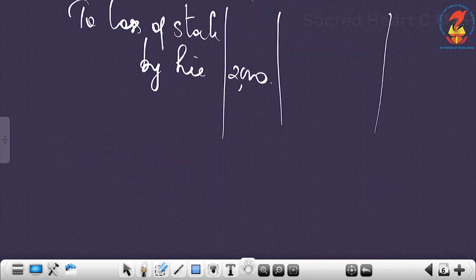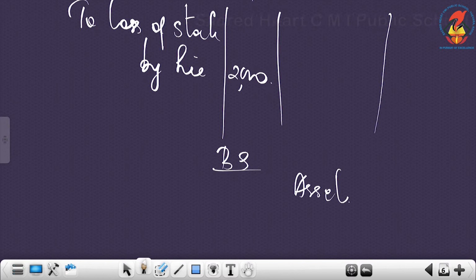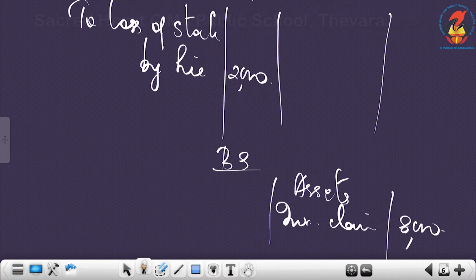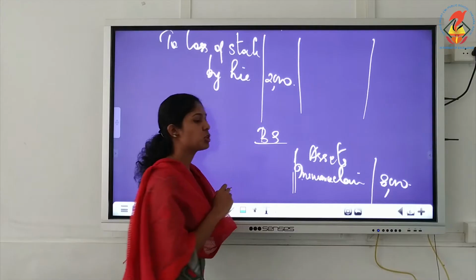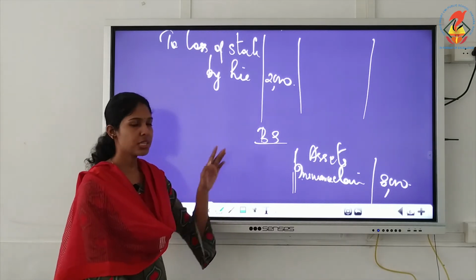We have to show something in the balance sheet because the insurance company will pay us a claim of 8,000. So, insurance claim 8,000 we have to show on the balance sheet asset side.